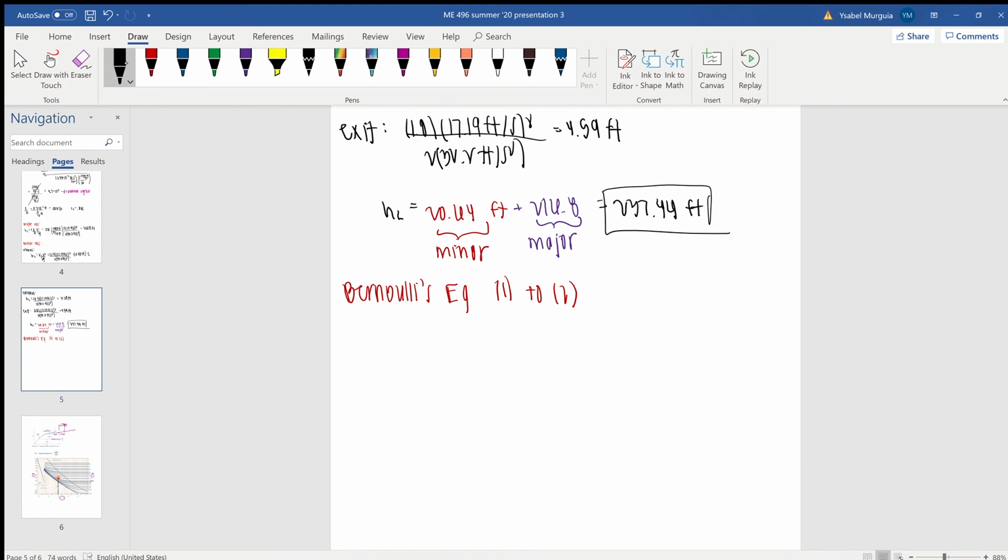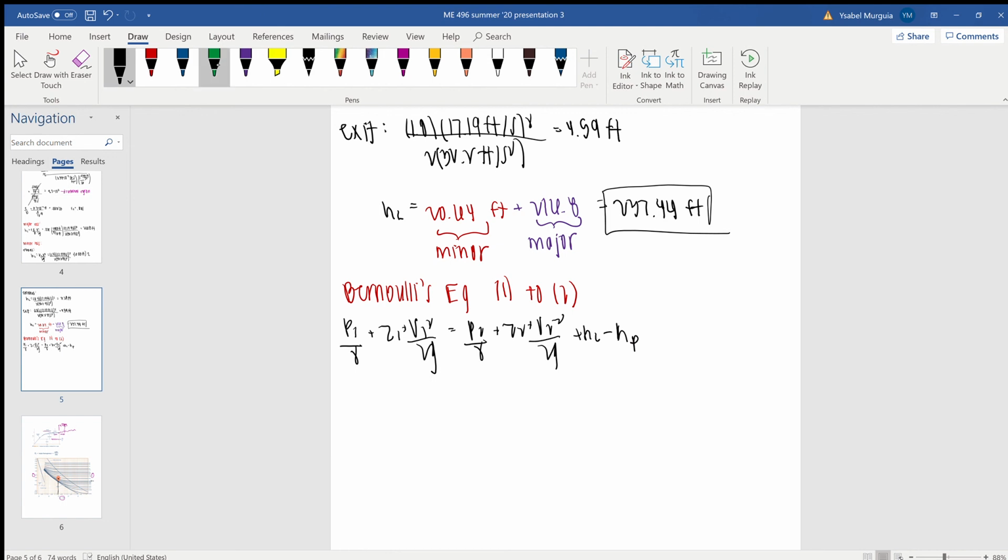So restating the equation, P1 over gamma plus Z1 plus V1 squared over 2G is equal to P2 over gamma plus Z2 plus V2 squared over 2G plus my head loss minus the head rise from pressure, the pump.